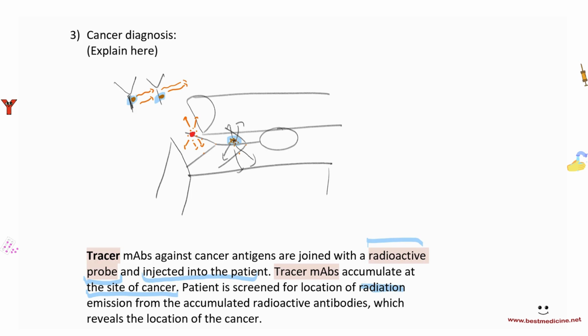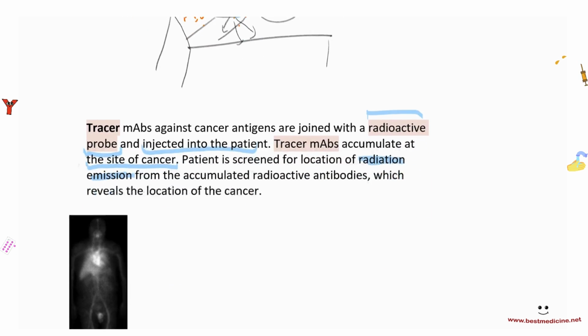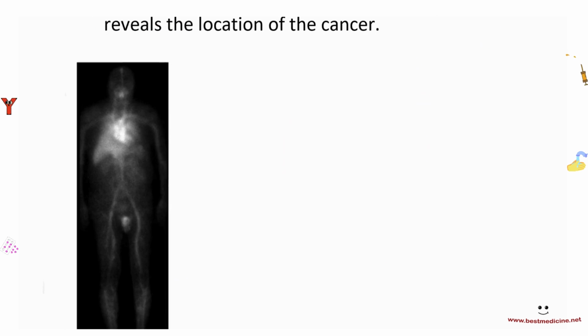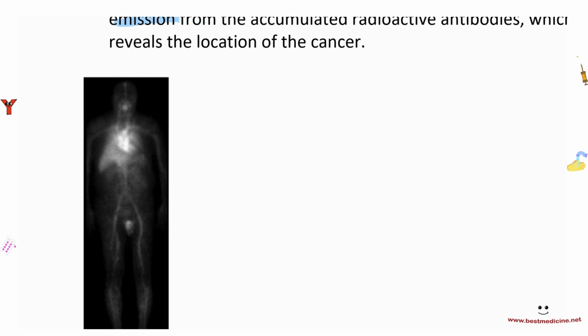Wherever the radiation is being emitted, that's the site of the cancer. So it will reveal the location of the cancer, and you can do the same thing for a blood clot, for example. So here's an example, in which you get this emission at this place here.